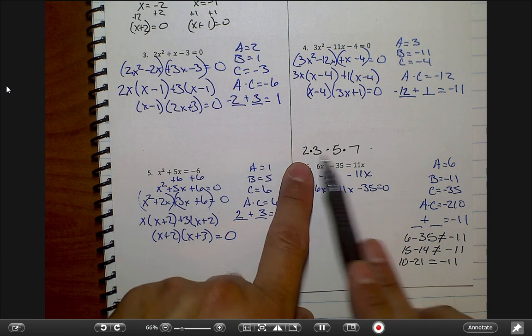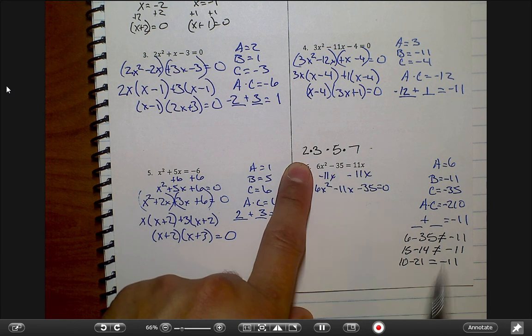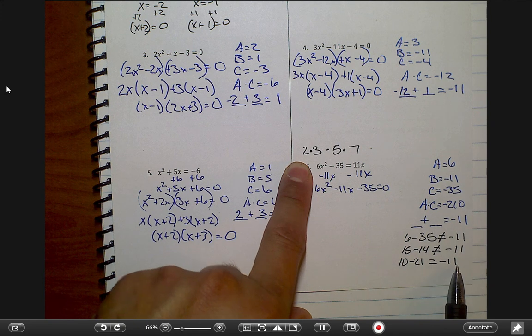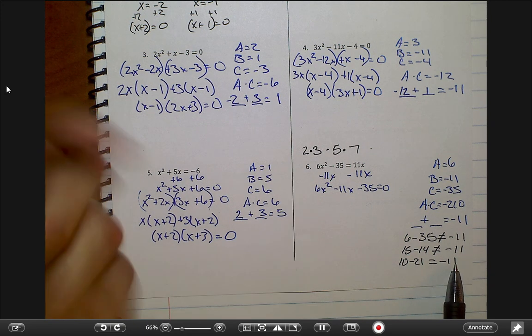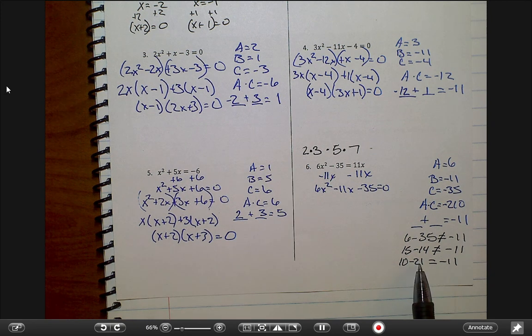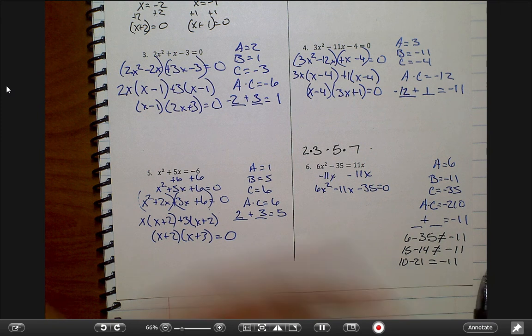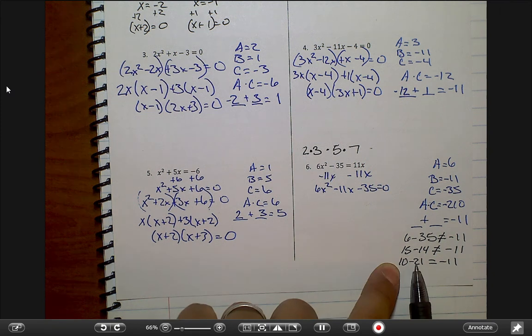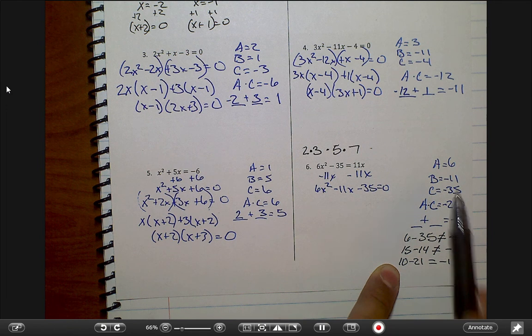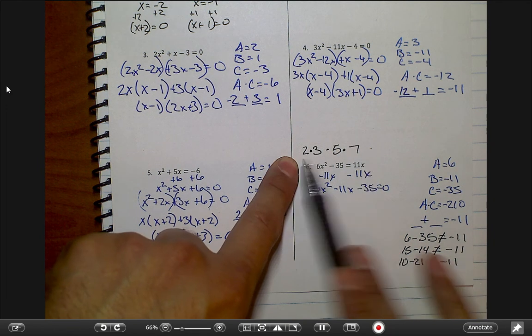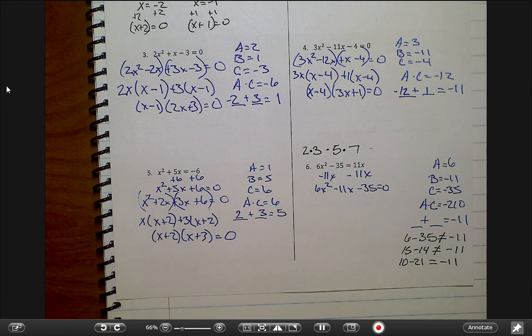So I'm just doing different combinations of these numbers, and by doing that, if you notice, I got 10 minus 21, there it is right there. Because I'm pretty sure you don't know the factors of 210, right? All the numbers that actually are going to give you 210, right off the top of your head. So big numbers, you break down into smaller numbers and just use different combinations.